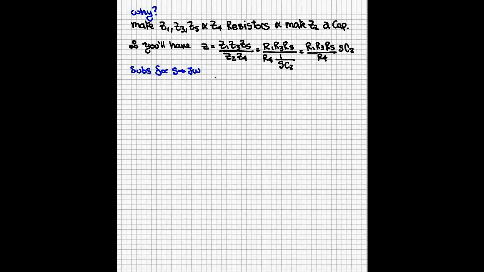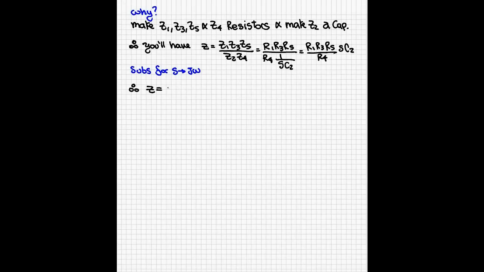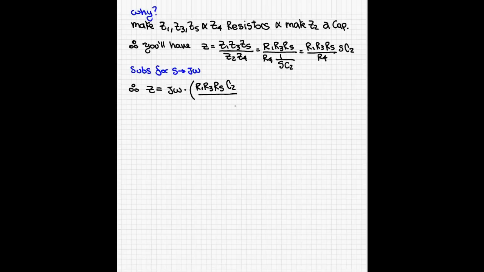Now we substitute j omega for s, and therefore Z is equal to j omega times R1 times R3 times R5 times C2 over R4. Okay, so that is an inductor. It's a simulated inductor, a simulated grounded inductor.